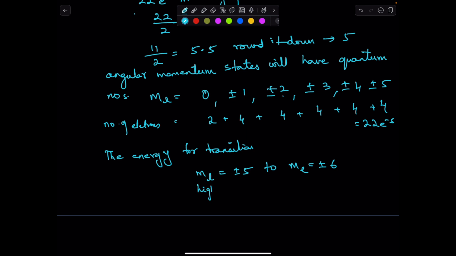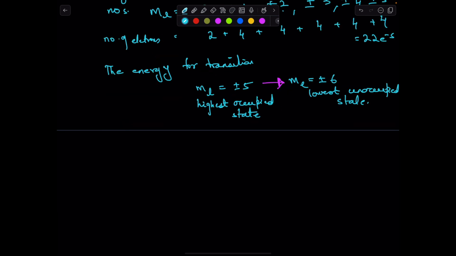So this is the highest occupied state, m_l equal to plus or minus 5, and this is the lowest unoccupied state. Note that the energies for m_l of plus 5 and m_l of minus 5 are the same. They will be degenerate, and m_l of plus 6 and m_l of minus 6 will also be the same because they both are degenerate.